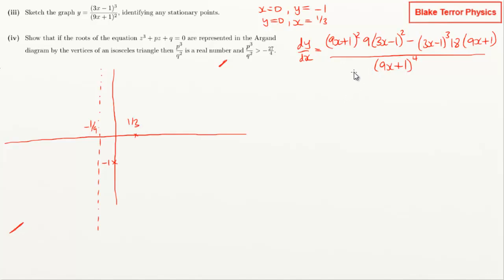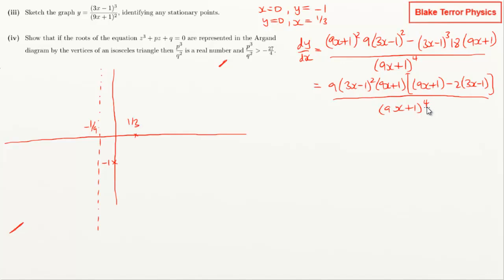I mean, I've got various things I could factorize out of all of this, haven't I? So I've got a 9, I've got a (3x-1)^2, I've got a (9x+1), and then that's going to be multiplied by, I've got a (9x+1), and yeah, that takes care of all of that first bit, doesn't it? And then I've got a minus 2 lots of (3x-1) over (9x+1)^4.